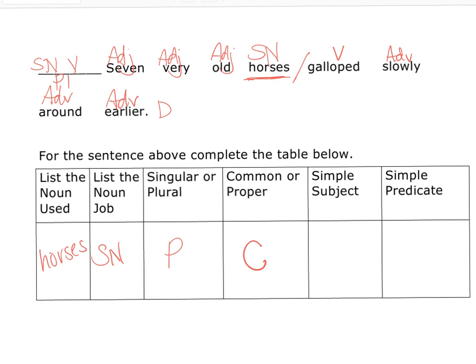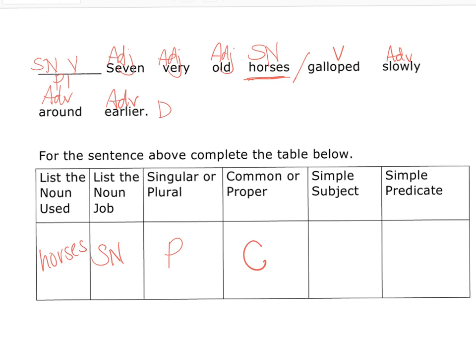Now, the last 2 columns have to do with the different parts of my subject and my predicate, and we talked about this. You can actually use the information in your reading and writing notebook under subjects and predicates to figure these out too. But remember, my simple subject is just a fancy way of saying the subject noun of the sentence.